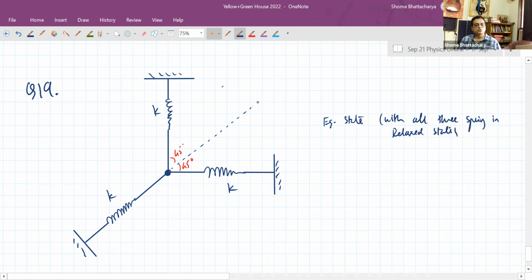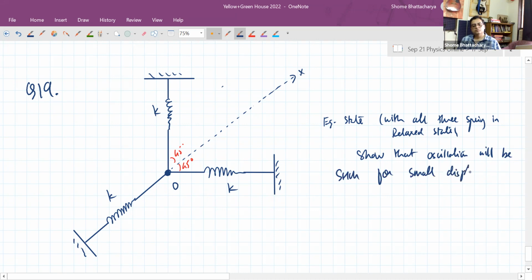So we have to first of all show that if we take this as our, let's say, x-axis, then the oscillation will be SHM for small displacement along the x-axis, and find the time period.